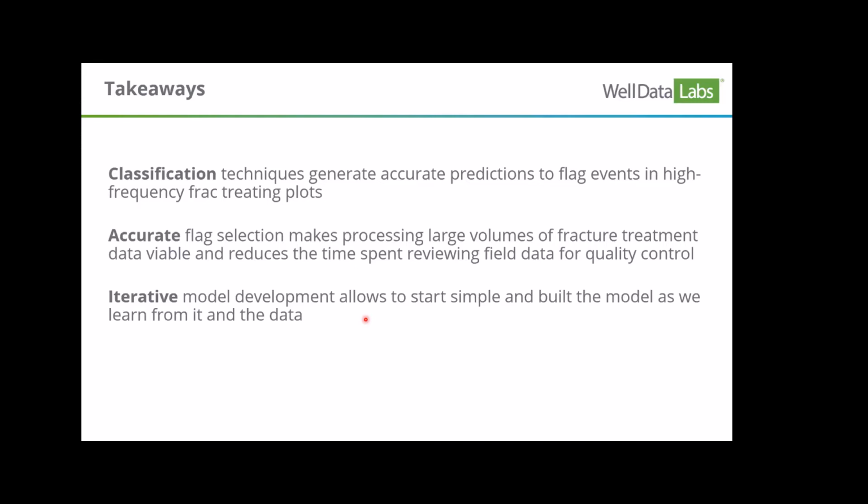I wouldn't say it's the best way to do it, but it's a way that we have been using here at Well Data Labs, and it's been working very well.